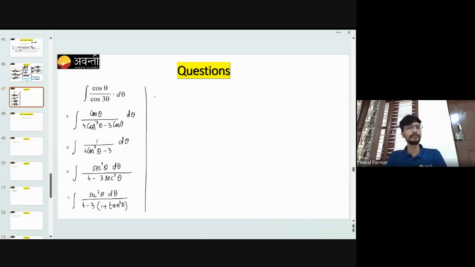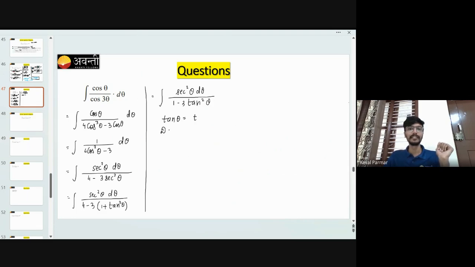After this, we can simplify the denominator. If I simplify the denominator, what will I get? In the numerator I'll get sec square theta d theta, and in the denominator 4 minus 3, which is 1, minus 3 tan square theta. After this, the simplest step is: put tan theta equal to t.